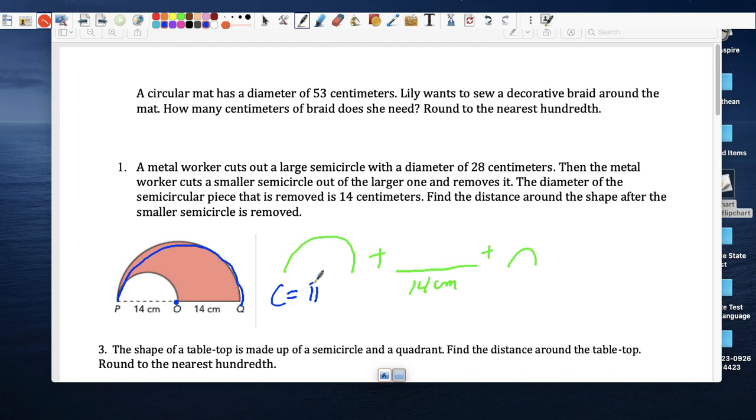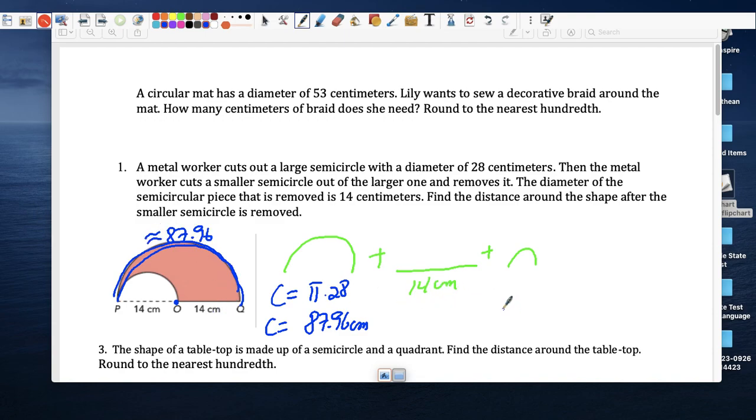So we're going to go pi times 28, because that's the diameter, and we're actually going to multiply that out. 28 times pi, enter. It's going to give us approximately 87.96 centimeters, plus the 14.